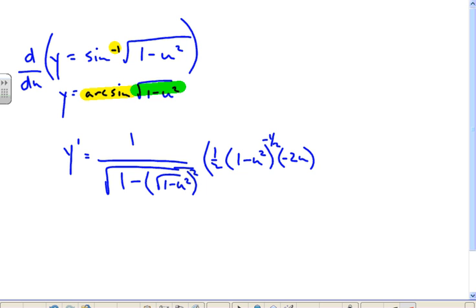Simplifying this a little bit, we realize that this will cancel out, and we have that in the bottom.